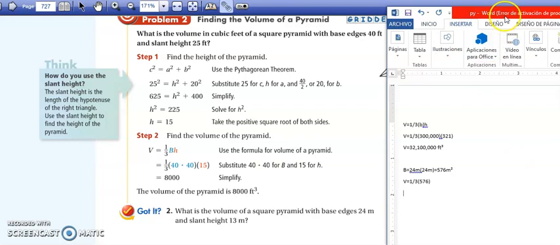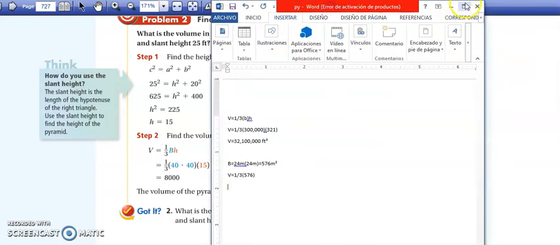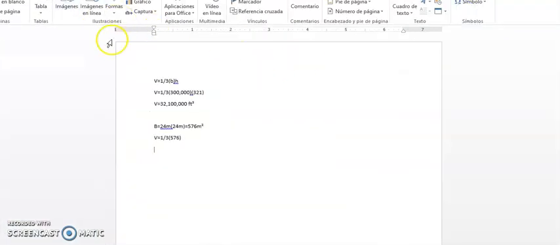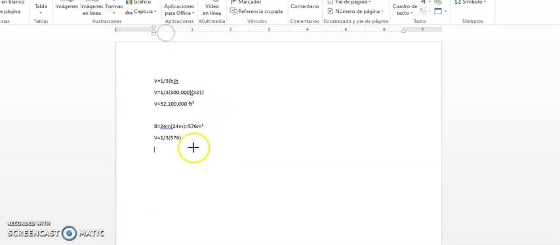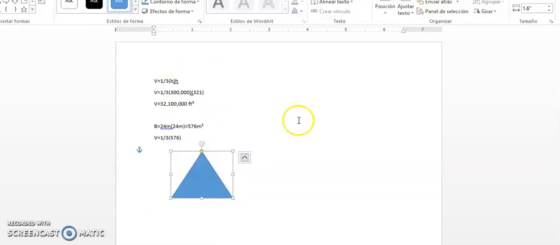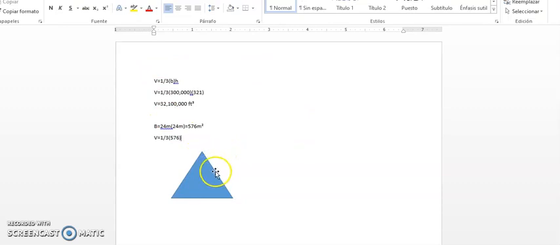Let's make clear what is the figure that we have. What we have is a pyramid, one side of the pyramid, and we have the value of this distance, that is 13.